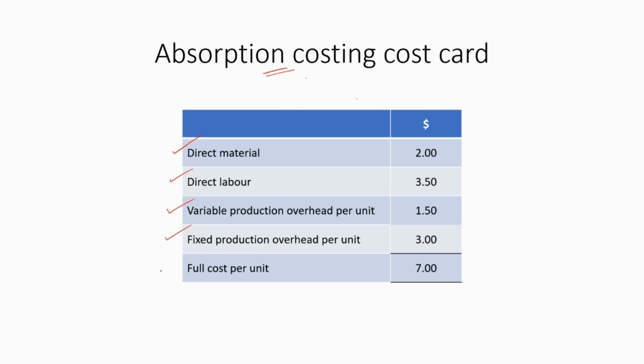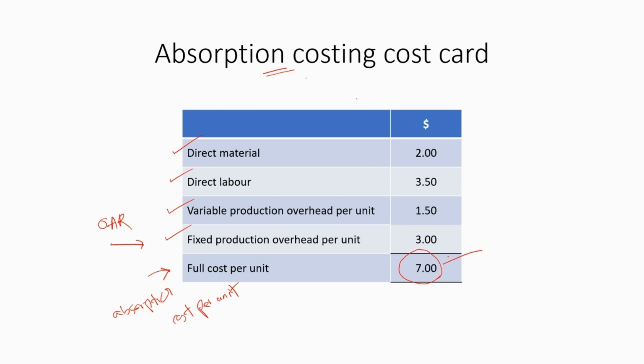So finally, we can calculate the full cost per unit, also known as the absorption cost per unit. Using the OAR, we can calculate the fixed production overhead per unit.